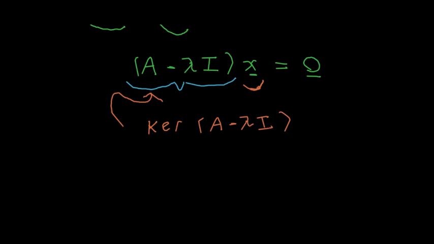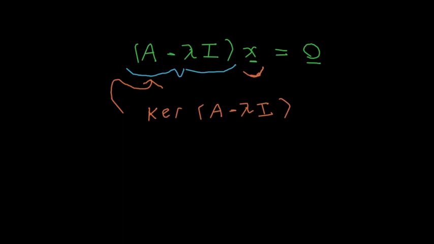So this is interesting. This is a specific idea on how to find these eigenvalues. I'm going to give it a name, because it's going to be used a lot. This is called the eigenspace. So the eigenspace is the kernel of this matrix. Basically the eigenspace is all the vectors that are actually eigenvectors.